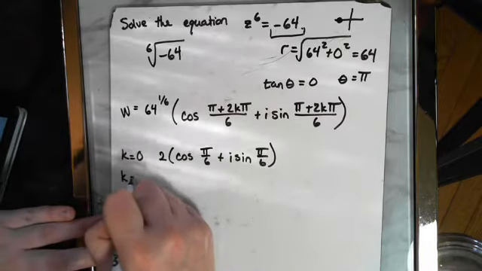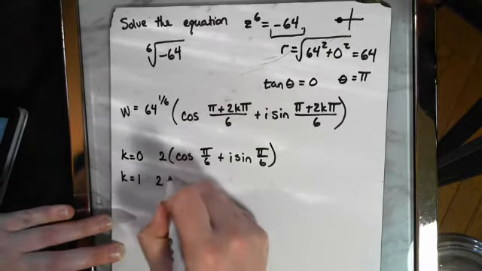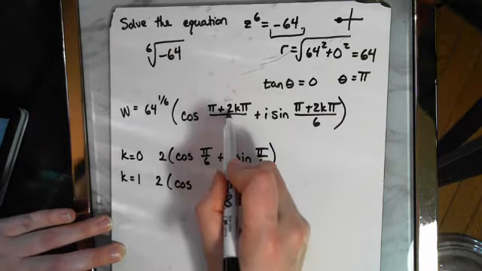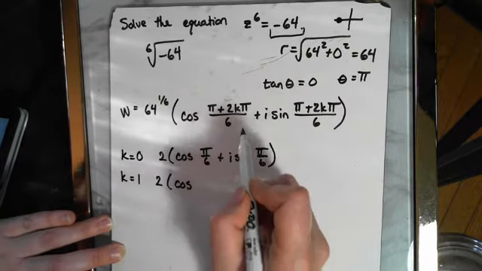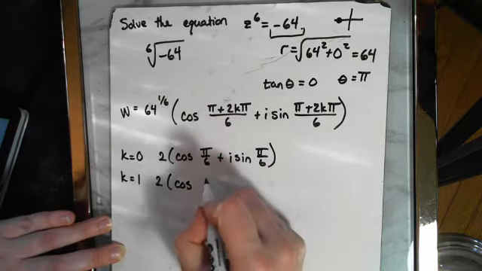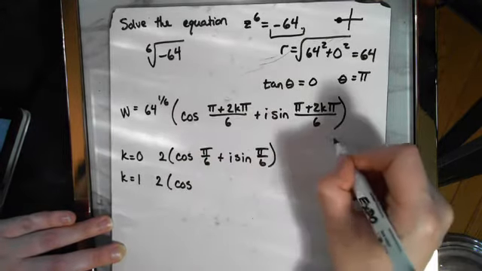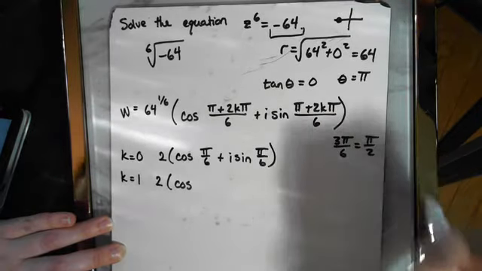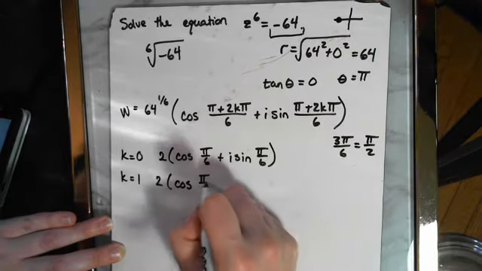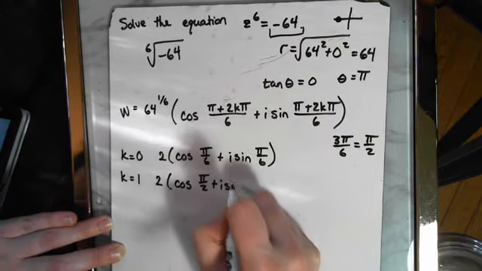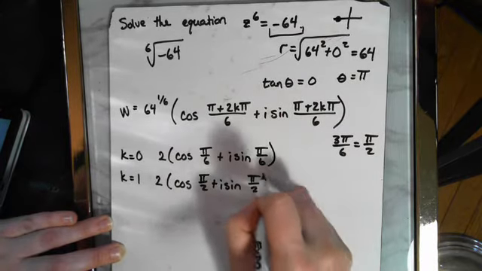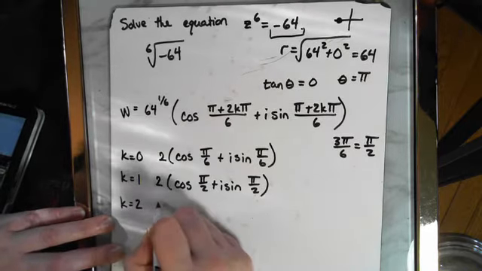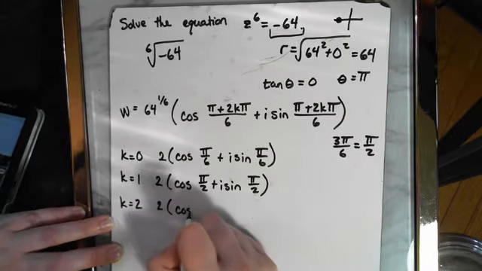Let's do k equals 1 now. So I have 2 times the cosine. Now this is going to be pi plus 2 pi, which is 3 pi over 6. 3 pi over 6 reduces to pi over 2. So pi over 2 plus i sine of pi over 2. For k equaling 2, I'm going to get 2 times the cosine.